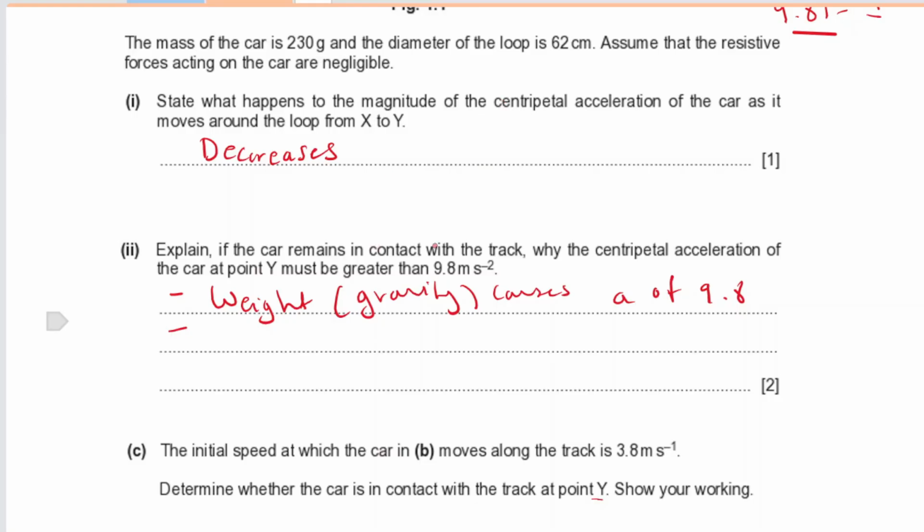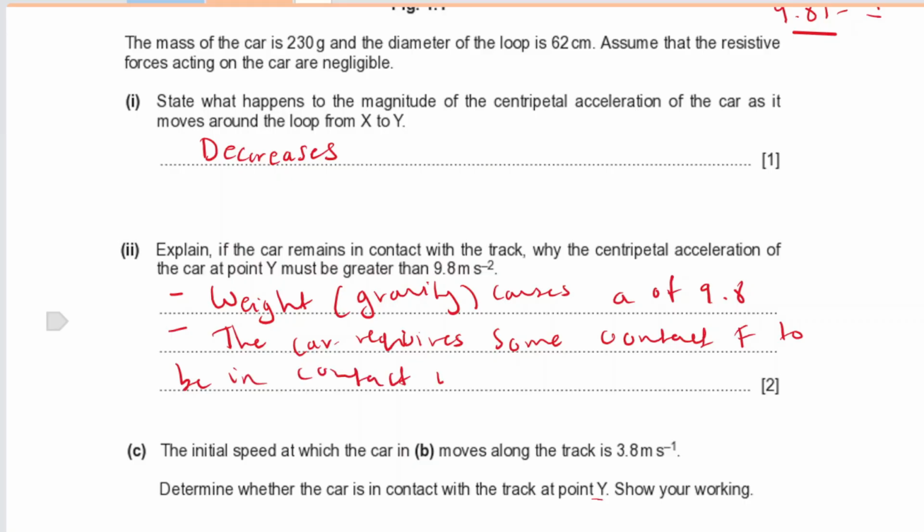If the car remains in contact with the track, the car requires some contact force to be in contact with the track. Hence, acceleration has to be more than 9.8.